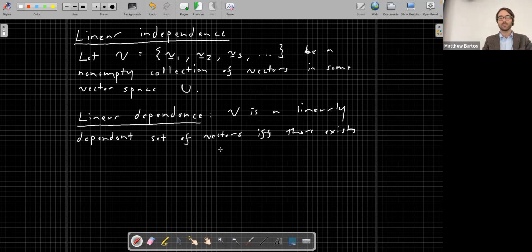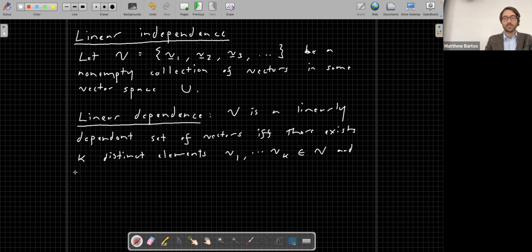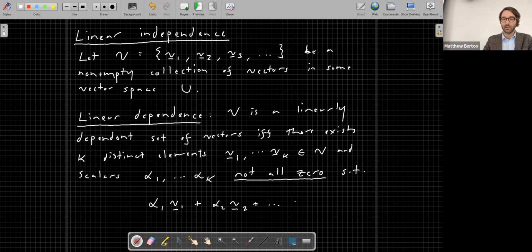Okay, so V is a linearly dependent set of vectors if there exists k distinct elements, which I will call V1 through Vk in V, and scalars alpha 1 through alpha k, not all zero, such that if you take alpha 1 times V1 plus alpha 2 times V2 all the way through alpha k times Vk, you can add them up to get the zero vector.